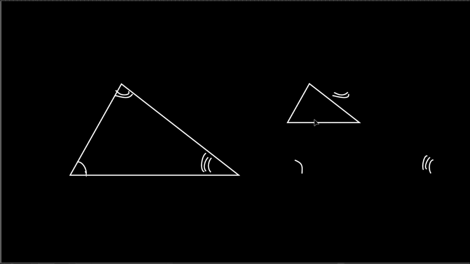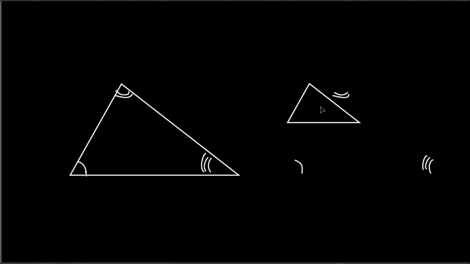Because I hit the shift key when I clicked that button, I kept everything in proportion. So the angle stayed the same, but the lengths of the sides definitely changed. You can definitely see that that one's smaller than that one. But the angles are still equal. They would be considered similar triangles, but they're not congruent triangles.